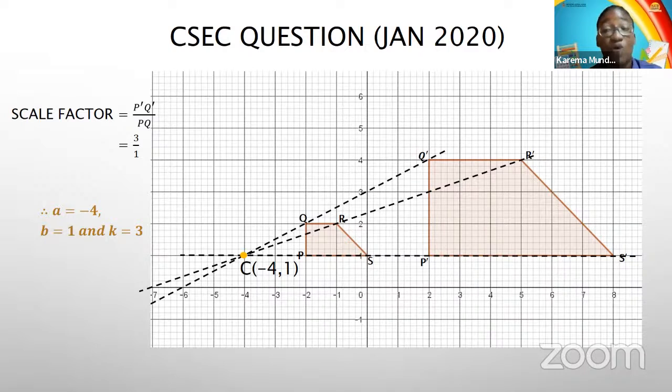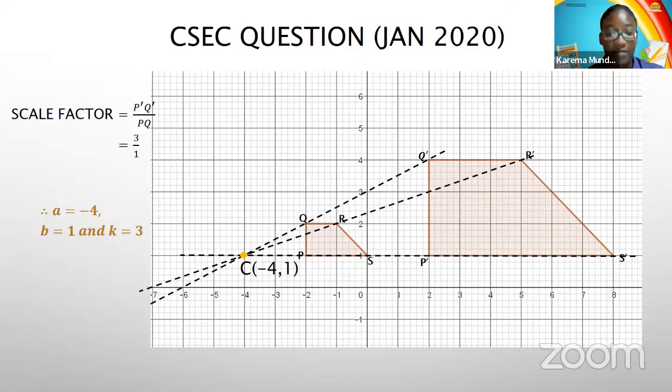If you are given one shape, then chances are you're being asked to perform the enlargement, or they would have given you something where the enlargement was done and you're to draw the image. It all depends on the specific question. If you're given one shape, you may be asked to draw the image or the object, and you're given information about the enlargement.